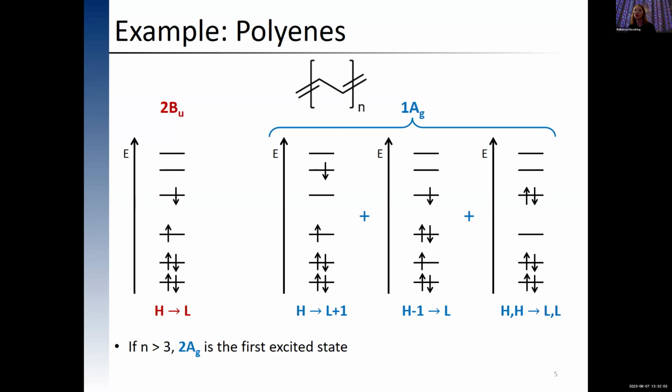So applying this to some actual examples. One of the cases where double excitations are really crucial are your polyenes. Your first two excited states in these linear polyenes are your 2BU state, which is 90–95% plus just a HOMO to LUMO excitation, and this 1AG state that's a linear combination of three different excitations, one of which is a double HOMO to LUMO excitation.